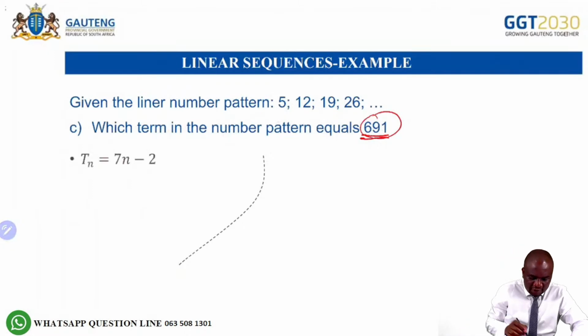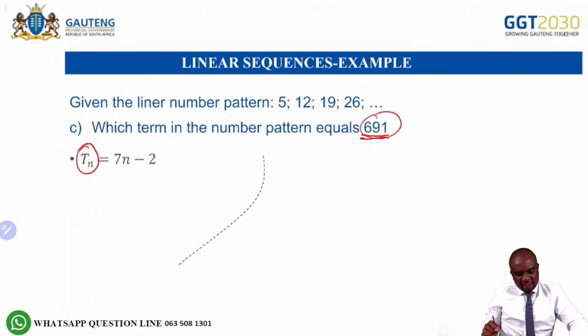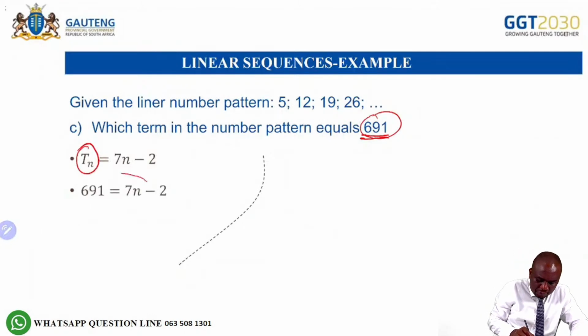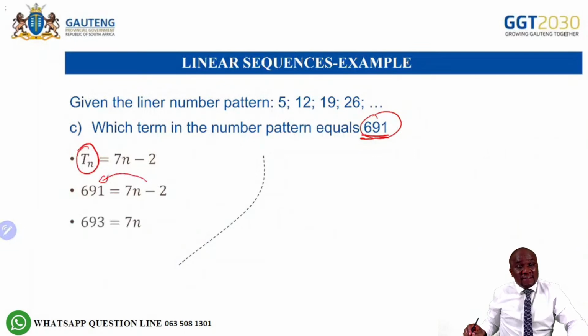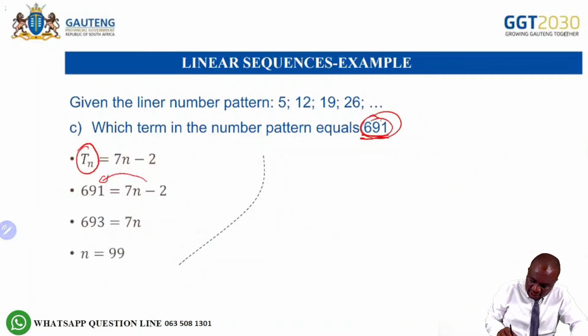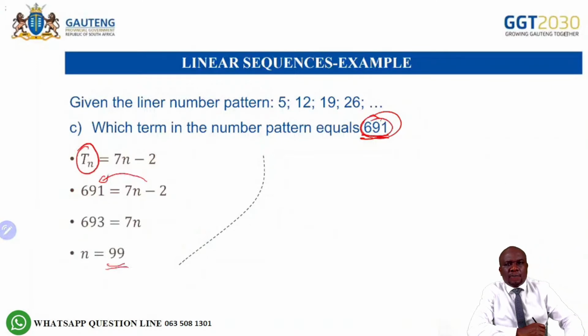Tn is equal to 7n minus 2. And then if this is 691, then what is n? And then you put that, and then transpose or add 2 on both sides of the equation, becomes 693. And then divide by 7 on both sides, it means n is equal to 99. Meaning that this term, 691, is term number 99.